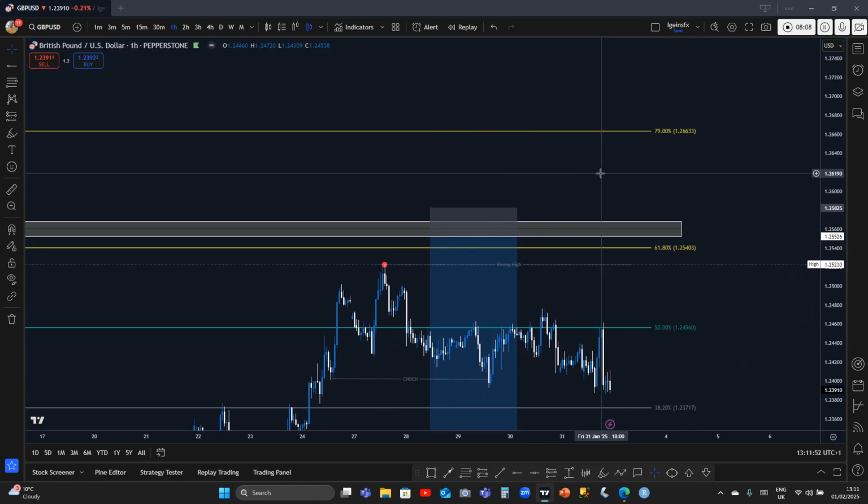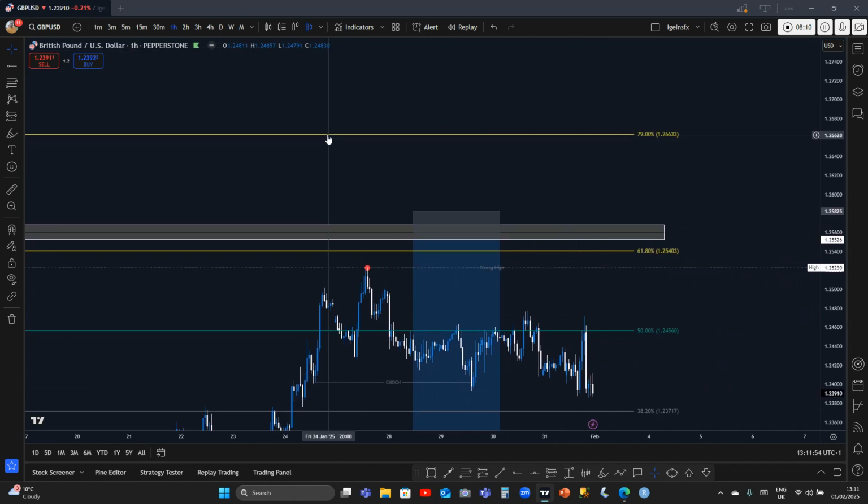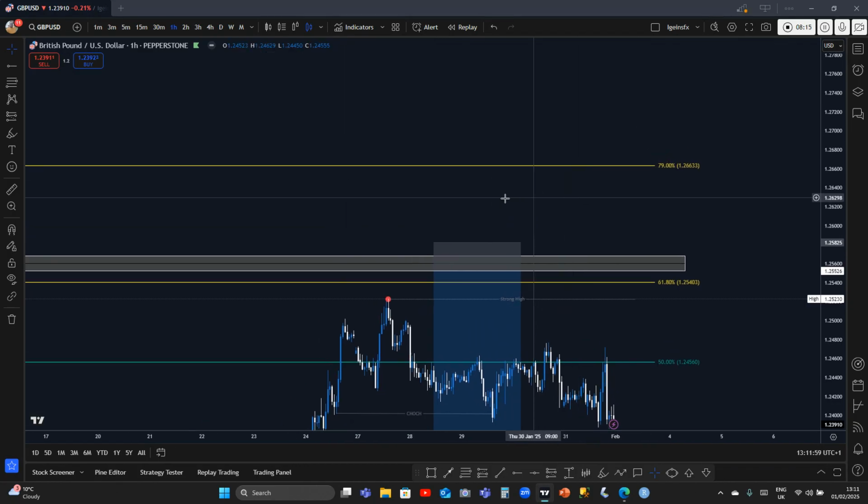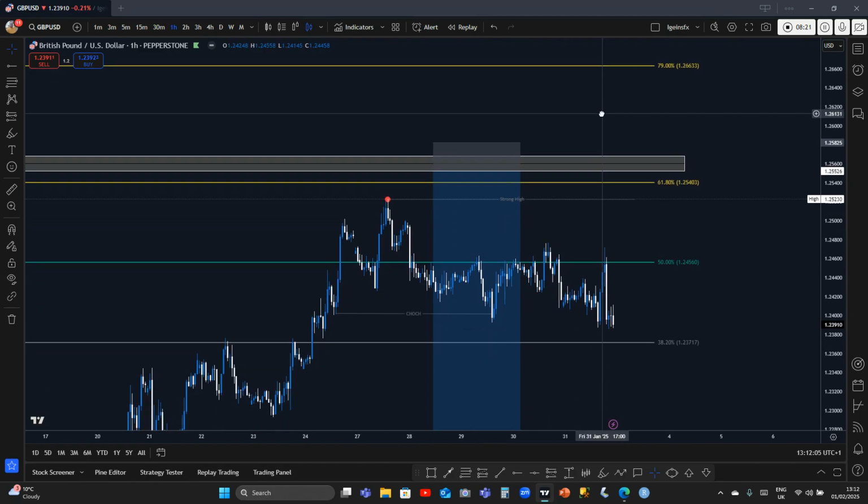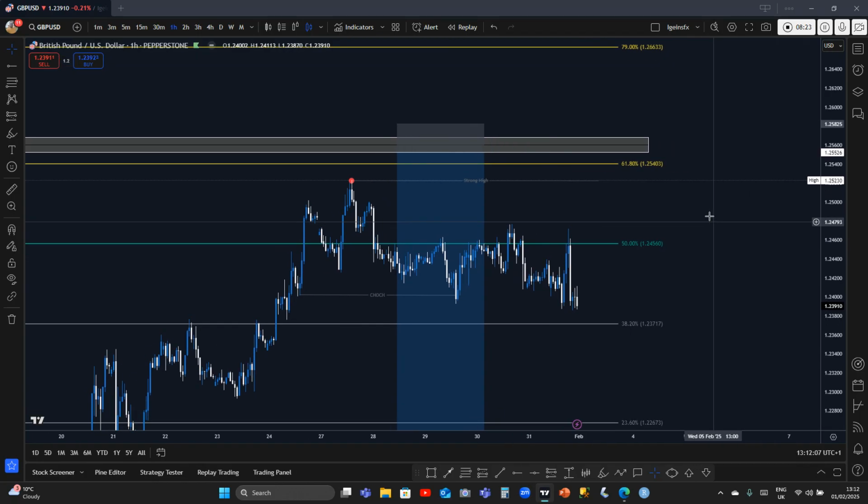Usually, price tends to push up to 79%, even above it, then it will close before it gives you a change of character for price to resume the underlying trend.